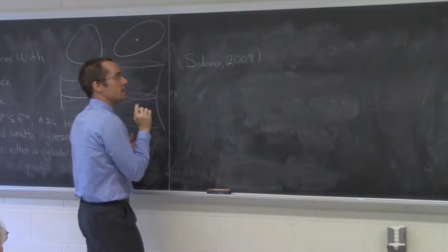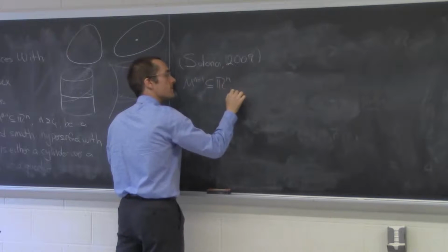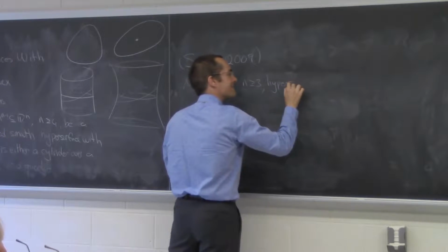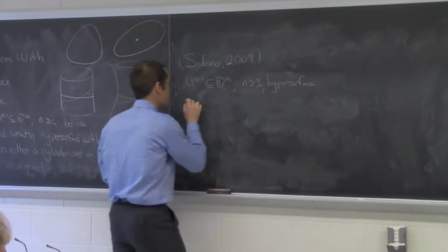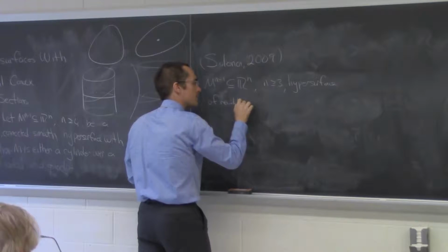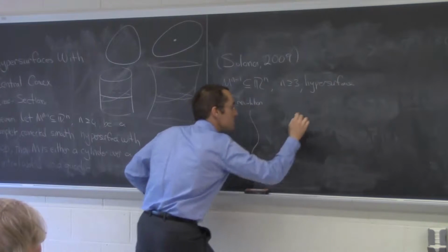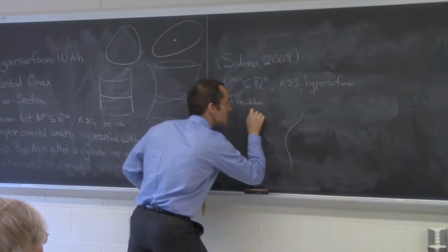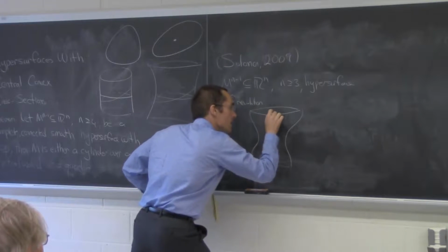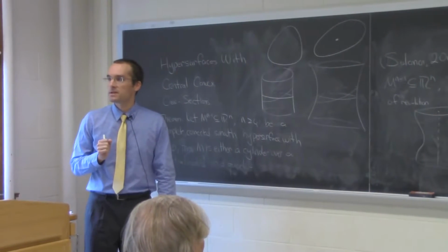He took a hypersurface of revolution. Let's assume that the axis of rotation is the e_n axis. So let me draw one particular hypersurface of revolution. And then he assumed... That just means all the cross sections are spheres?